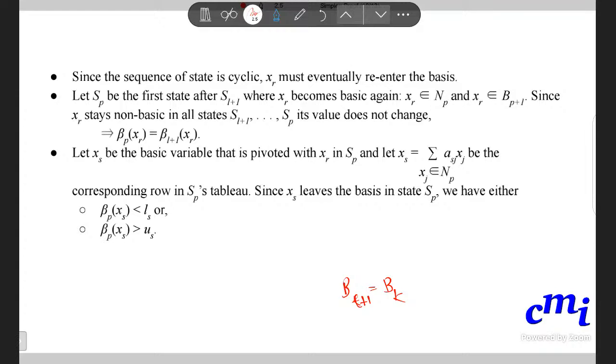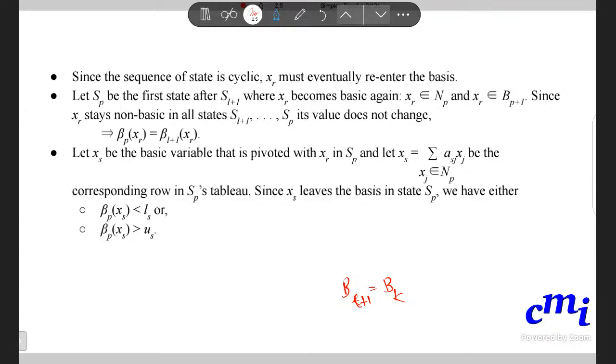So now let SP be the first state after SL plus 1, where XR becomes basic again. So that basically means that XR belongs to NP and XR belongs to BP plus 1. Since XR stays non-basic in all states SL plus 1 to SP, its value does not change, because the algorithm only updates the assignments to the basic variables.